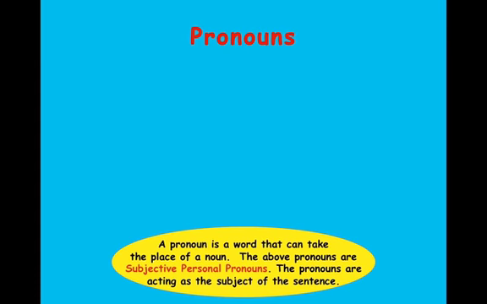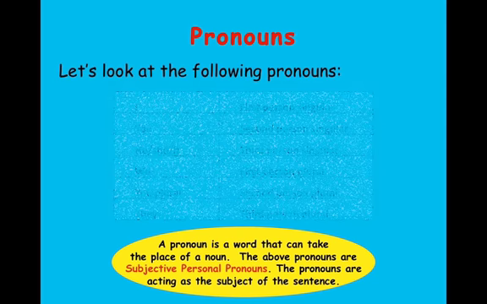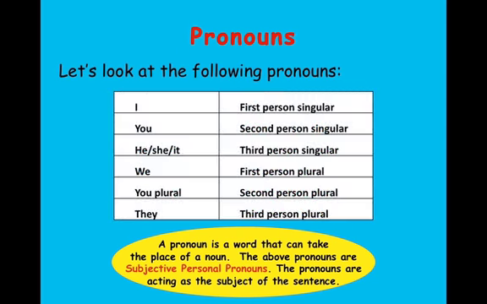So we're also going to do a little review. I'm going to review what a pronoun is. A pronoun is a word that can take the place of a noun. And I'm going to be showing you shortly a list of subjective personal pronouns. These pronouns are acting as the subject of the sentence, or they can act as the subject of the sentence. I, you, he, she, it, we.